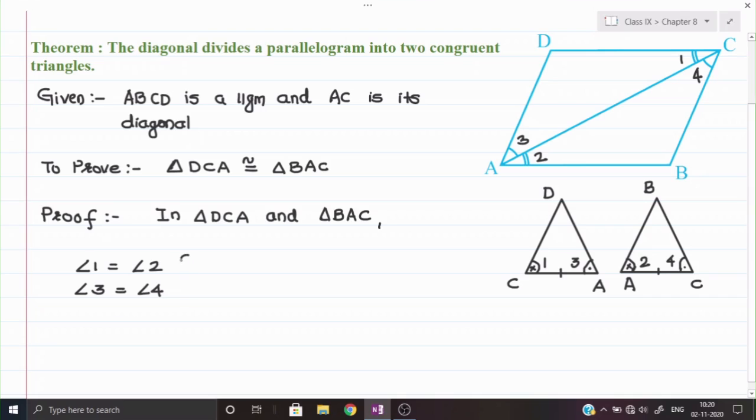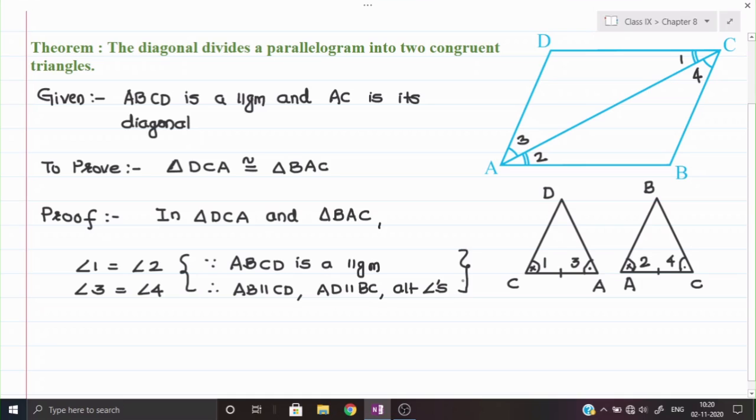Here the reason we will give: since ABCD is a parallelogram, therefore AB is parallel to CD, comma, AD is parallel to BC, because both the lines are parallel, and if the lines are parallel then alternate angles will be equal. Okay, so this completes the reason.